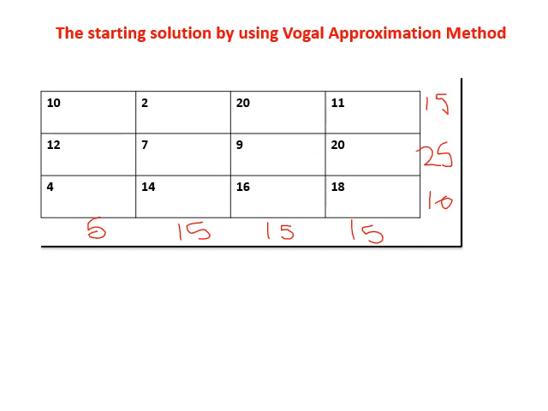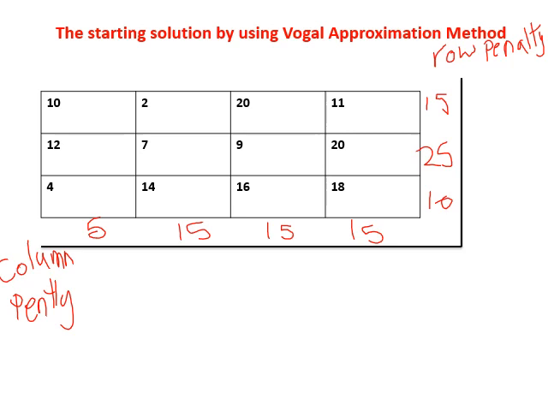But now we will depend on what's called the row penalty and column penalty. What does this mean? Let's see. The row penalty is the difference between the smallest two costs in each row, and the column penalty is the difference between the smallest two costs in each column.